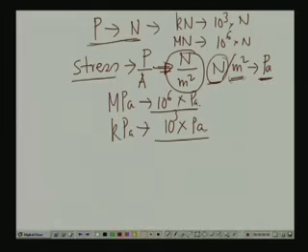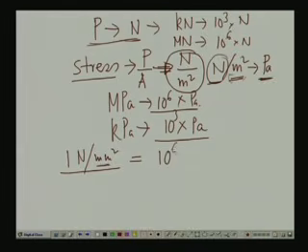Now, instead of defining area in terms of meter, many times we define it in terms of millimeter. So, if we have a stress of 1 Newton per millimeter square, and I convert this millimeter into meter, then it is 10 to the power 6 Newton per meter square, and as we have seen, Newton per meter square is 1 Pascal.